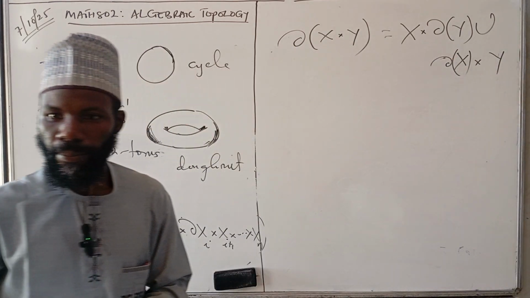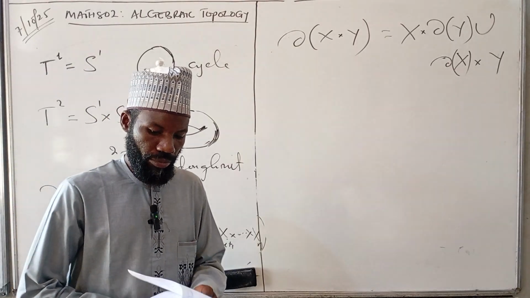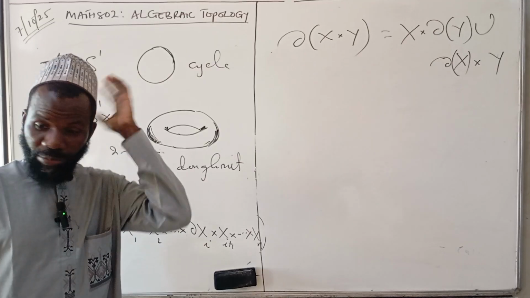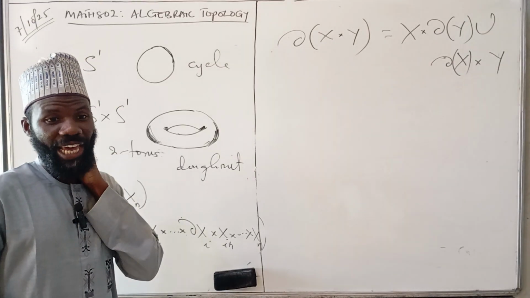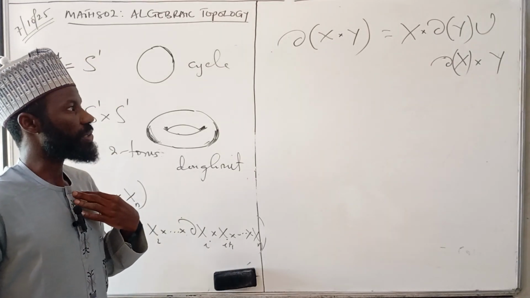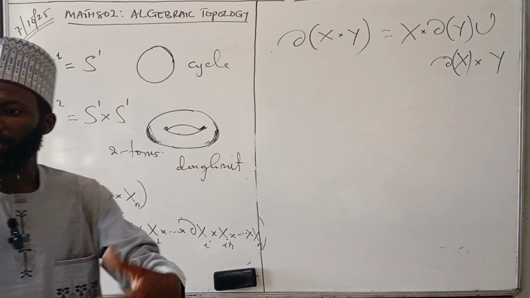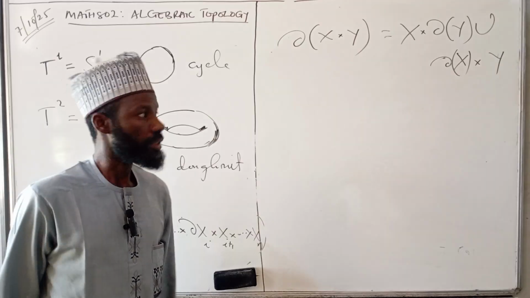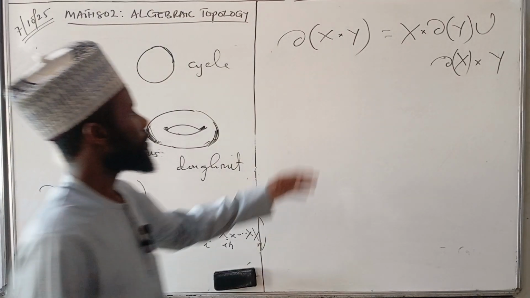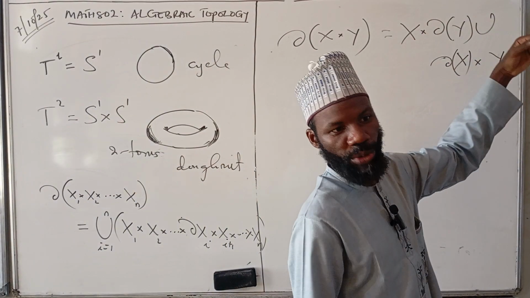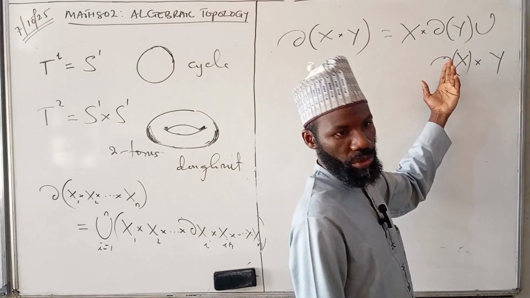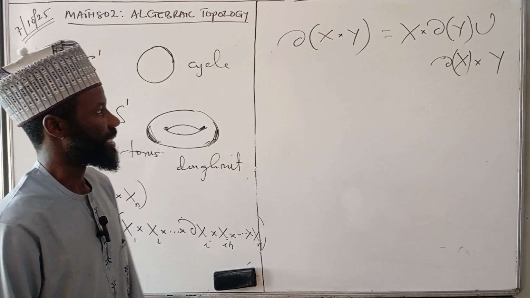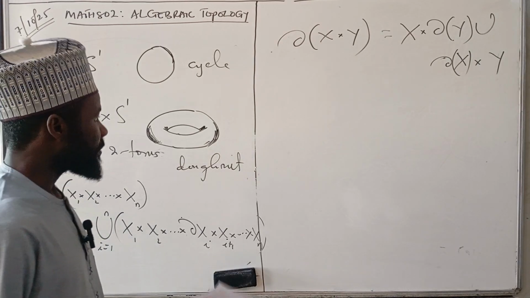Like the product rule of differentiation, or Leibniz rule. That's what the boundary operator is doing. In fact, that is exactly what it is. It's a product rule: keep this one constant, differentiate that one, plus union, differentiate this, keep the other factor constant. So you have known this already.